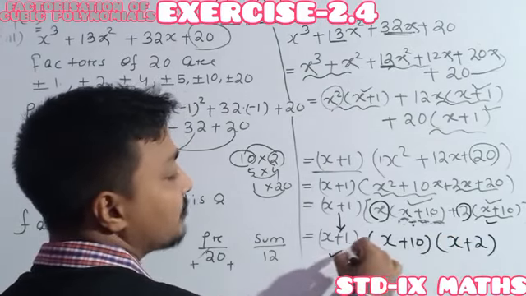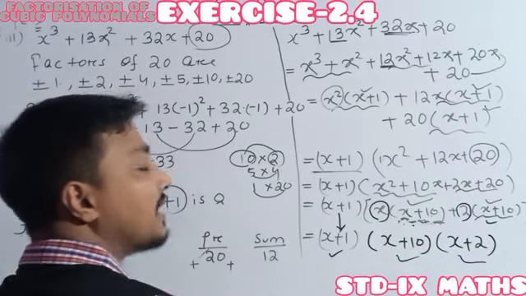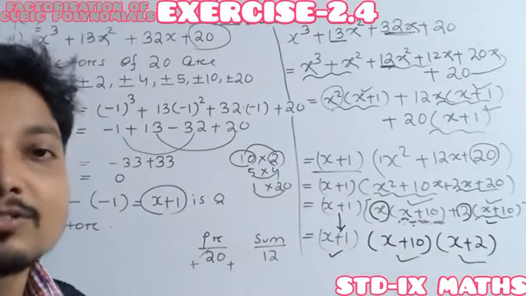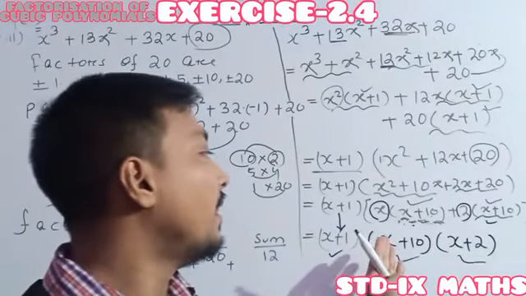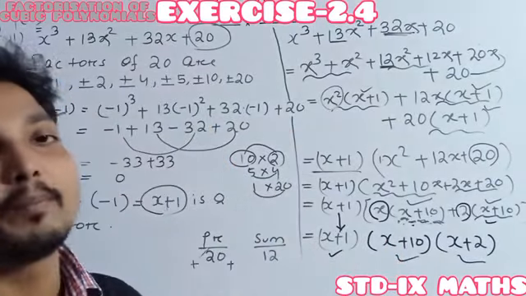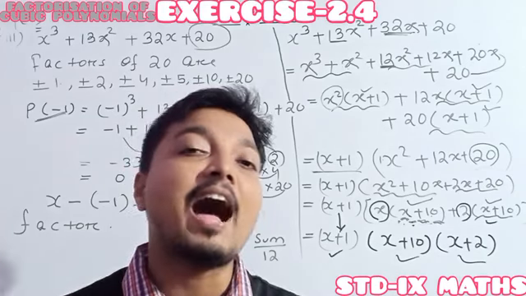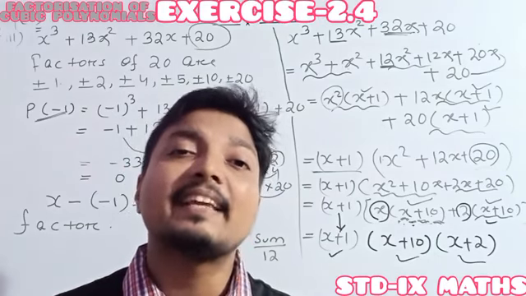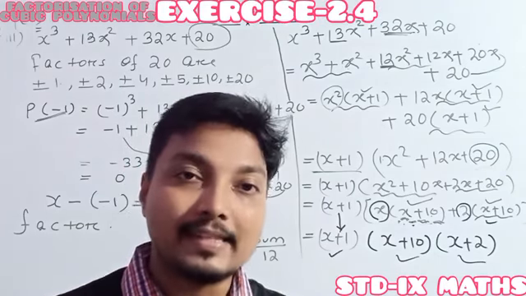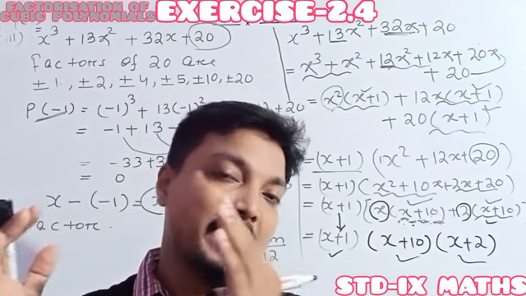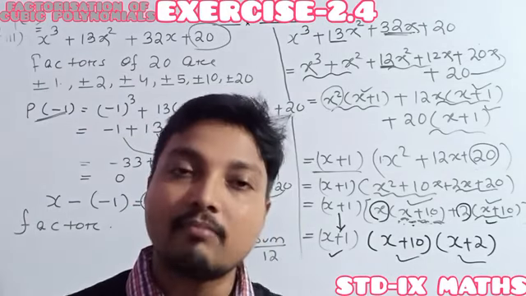And all are irreducible. It means once more we cannot reduce. So this is the factorization of the cubic polynomial. Actually in the first question I discussed how to factorize a cubic polynomial in two ways. First, by using the factor theorem, one factor I have to obtain.